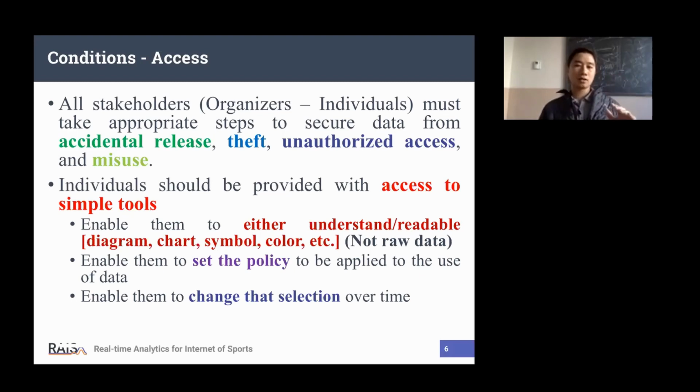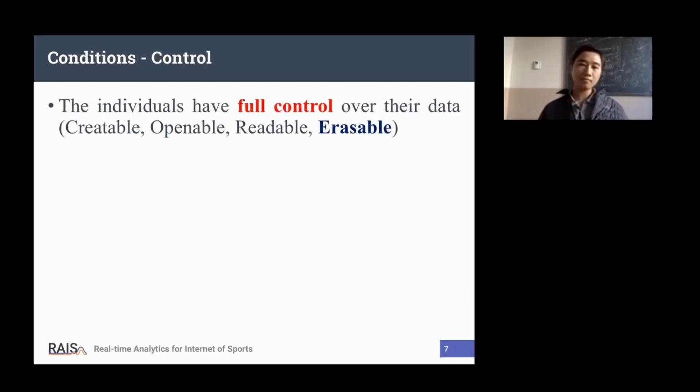In the list of policies, when they find a matching deny or permit, they will follow that direction to answer the service provider. In the control requirement, if they focus only on readable or openable, that's easy. But erasable is the hard work in the control requirement of the PDS system.